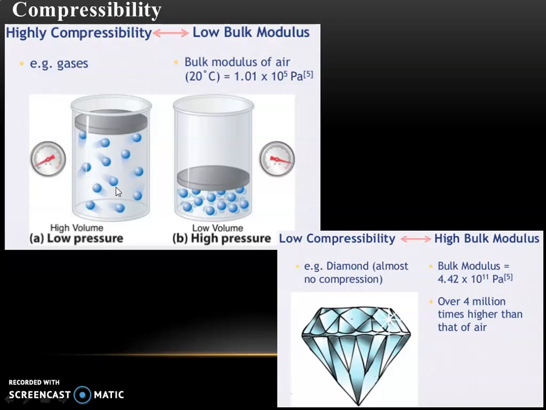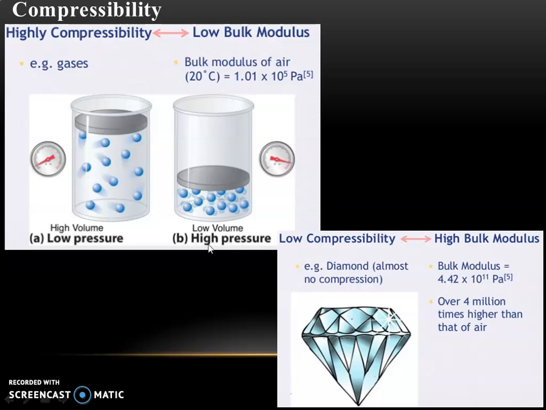Initially, before application of pressure, volume of gas is high. And this is a disc which is used to compress the gas. Once the pressure is increased, due to lowering of this disc, gas molecules will come closer to each other. That means the initial height is being reduced now.